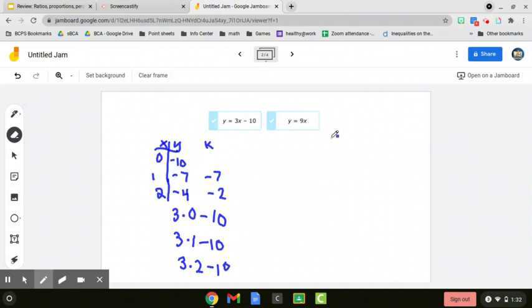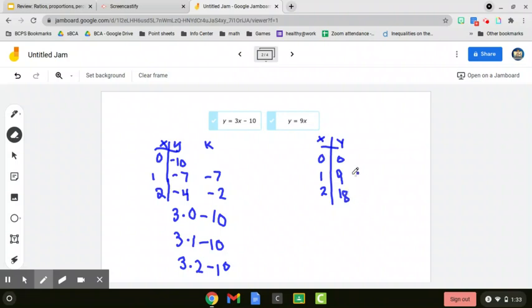Over here, y equals 9x. We'll do the same thing, make a table of values. And we can even just use the same values of x. So when x is 0, 9 times 0 is 0. So we're already off to a good start. 1 times 9 is 9. 2 times 9 is 18.